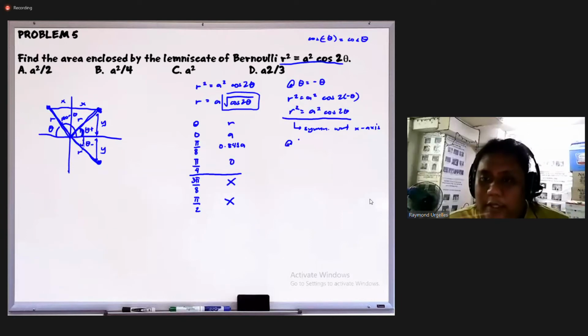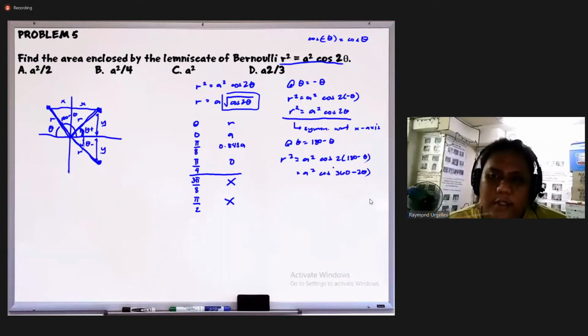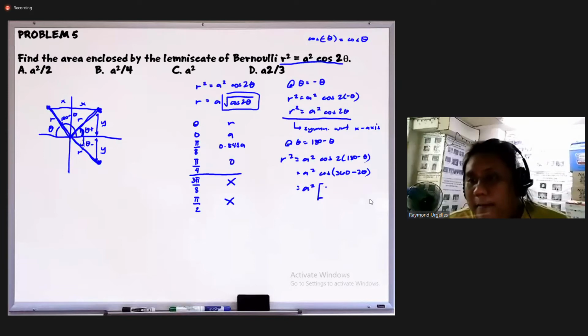So kaya if we try, theta is equal to 180 minus theta. So substitute, this will be a squared, then cosine of 2 times 180 minus theta. Okay, so this will be a squared cosine of 360 minus 2 theta. So pag ginamitan natin yan ng difference identity, cosine 360 cosine 2 theta plus sine 360 sine 2 theta.